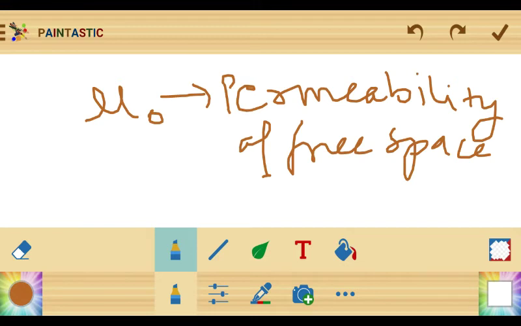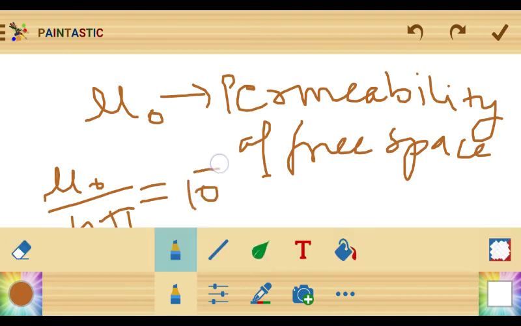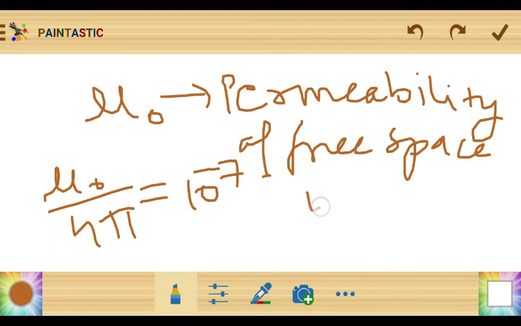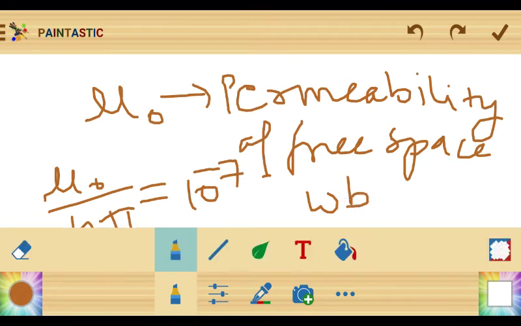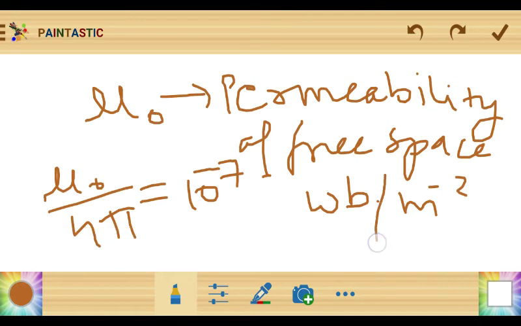The value of this constant, mu 0 upon 4 pi, comes around 10 to the power minus 7. And the unit of magnetic field is Weber per meter square.